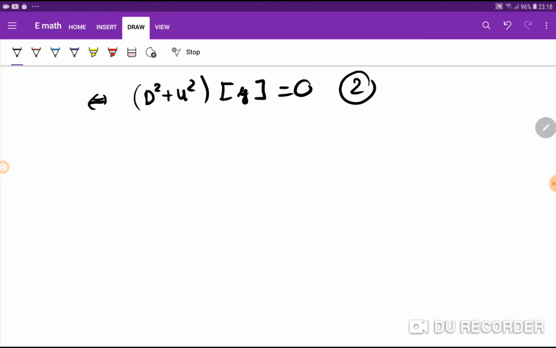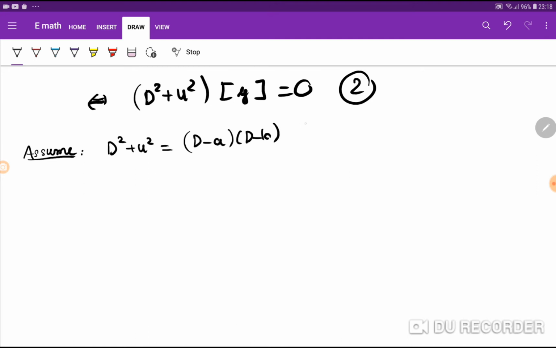Okay. So in order to solve equation 2, you assume that D squared plus u squared can be factored as (D minus a) times (D minus b). Okay.